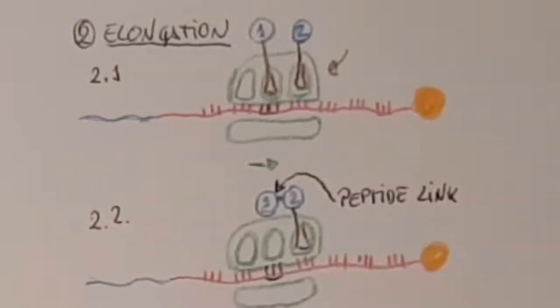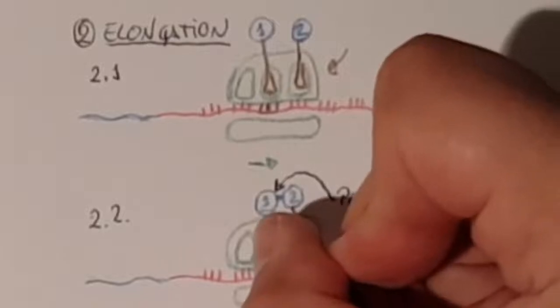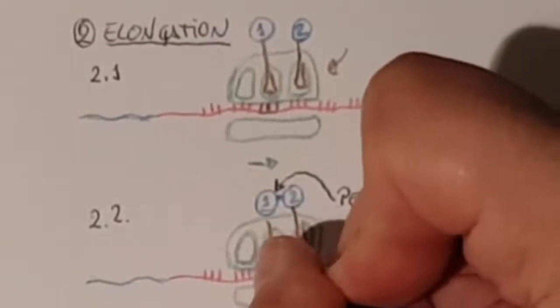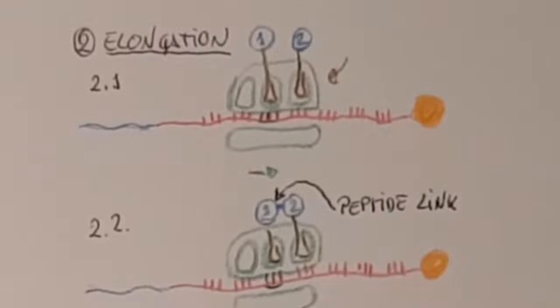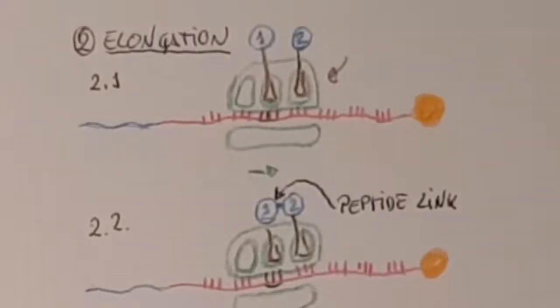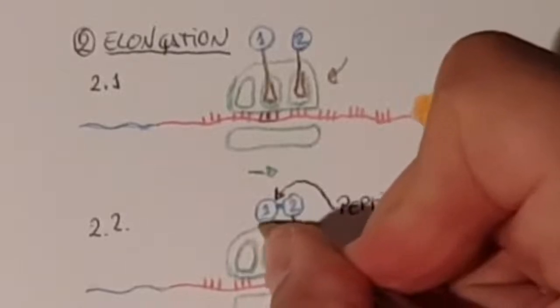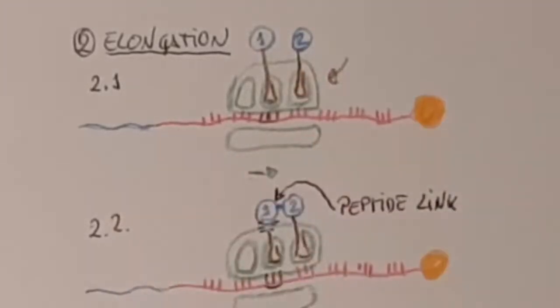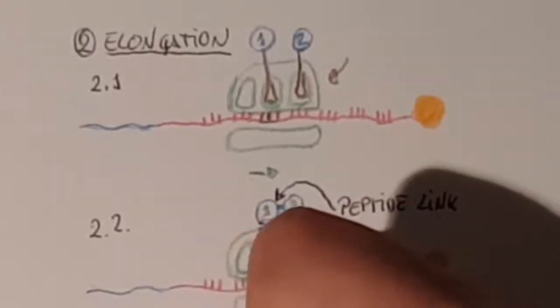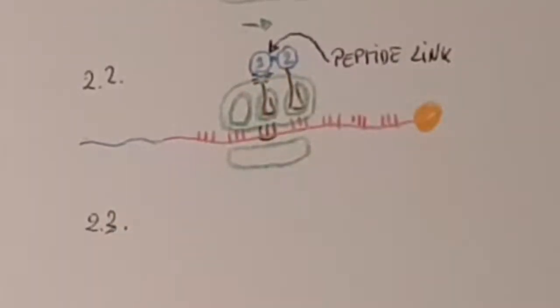Once the peptide link is formed, the connection between the tRNA and the amino acid is going to be broken. So this connection is going to break here, and then amino acid number 1 is only joined to amino acid number 2. So we skip to 2.3.